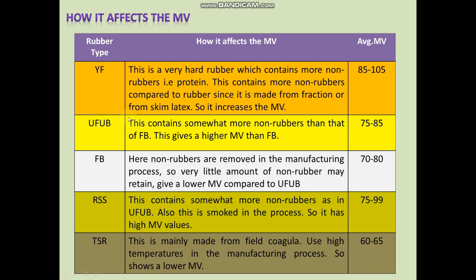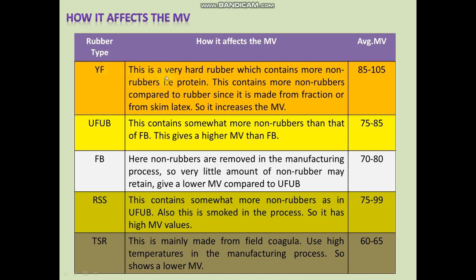First I would like to take the yellow fraction. This is a very hard rubber. It contains more non-rubbers, proteins for example. Those are tiny particles, so they can increase the stiffness or hardness of this rubber.